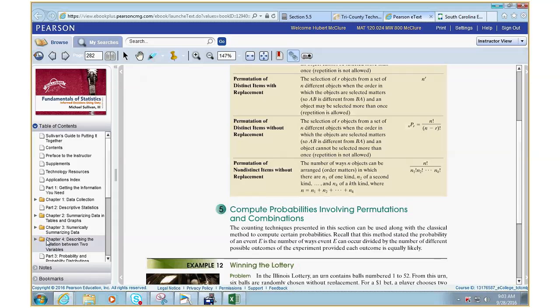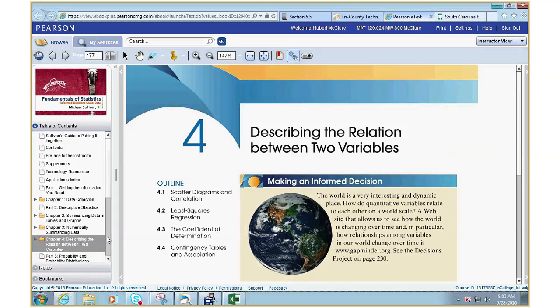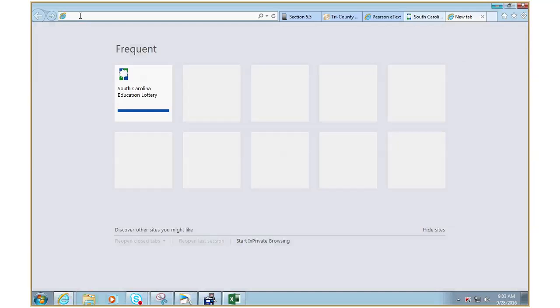Yeah, 4.1 and 4.2. Is that what we're supposed to go into? I think that is. I'm going to go ahead and cover it now because it does have something to do with probability, but it really doesn't. I know that sounds weird. See if I can find my video.